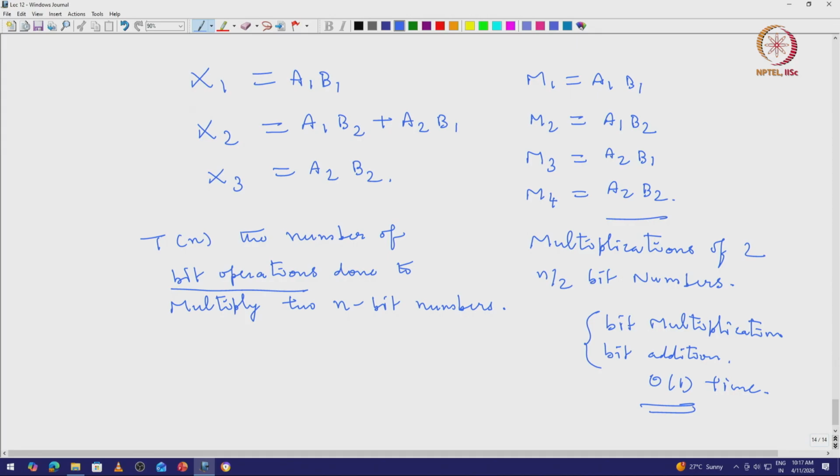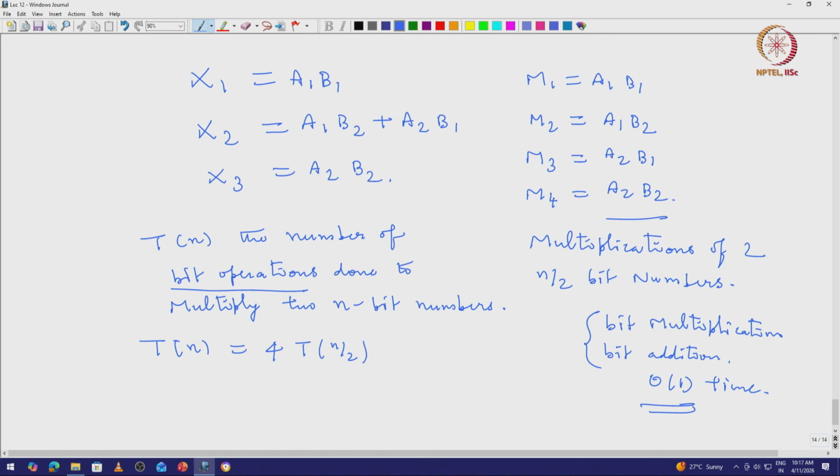So I consider multiplication, addition, all of them in the count. So let Tn denote the number of bit operations done. Then Tn is given by 4 T(n by 2), because these 4 multiplications are multiplications of n by 2 bit numbers.